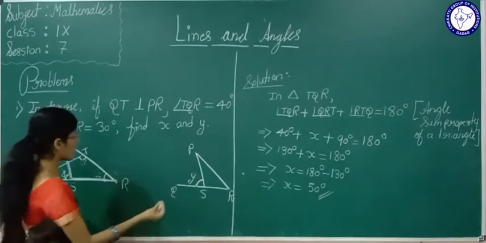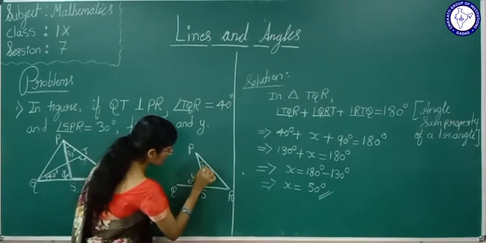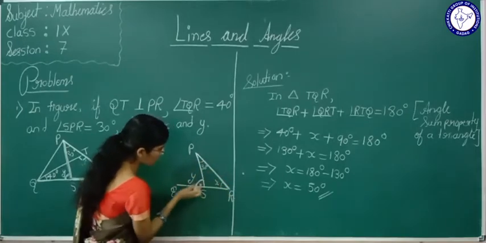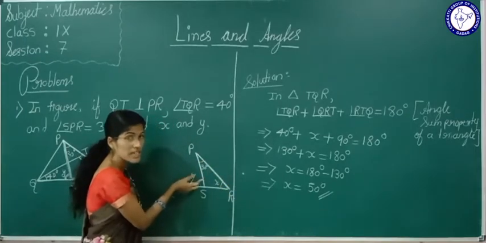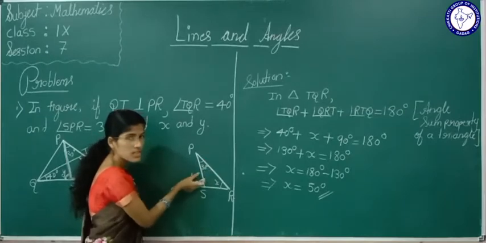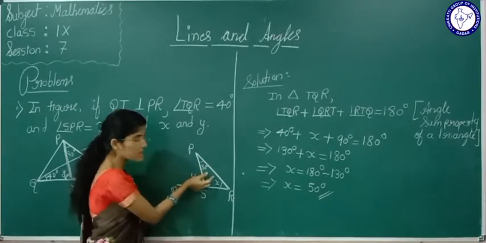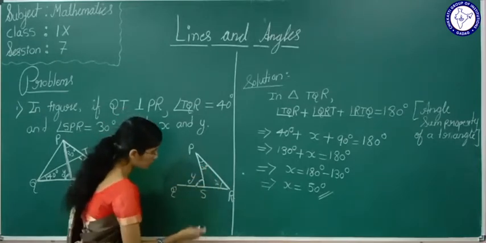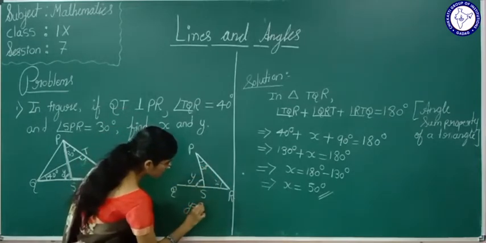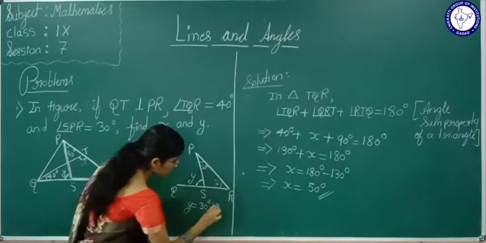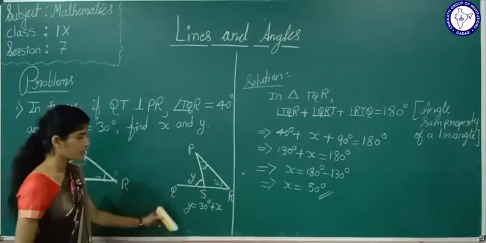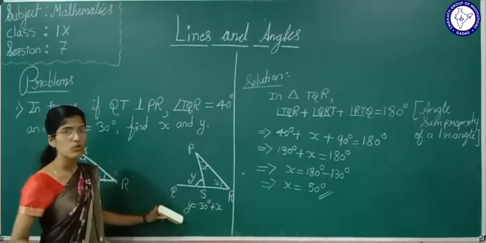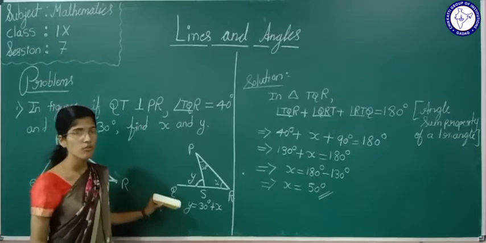This exterior angle is equal to the sum of the interior opposite angles. What can we write here? y is equal to 30 degrees plus x. Yes or no? By this we are going to find the value of y.